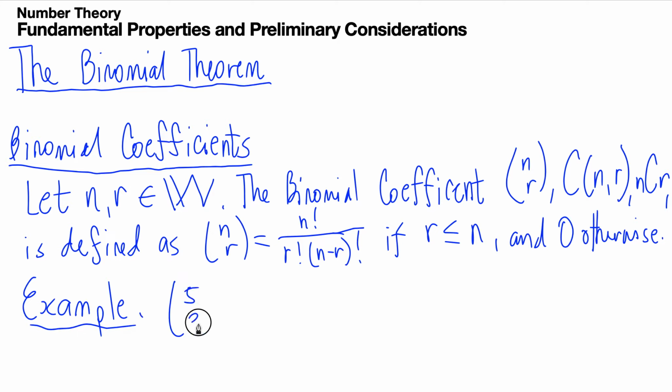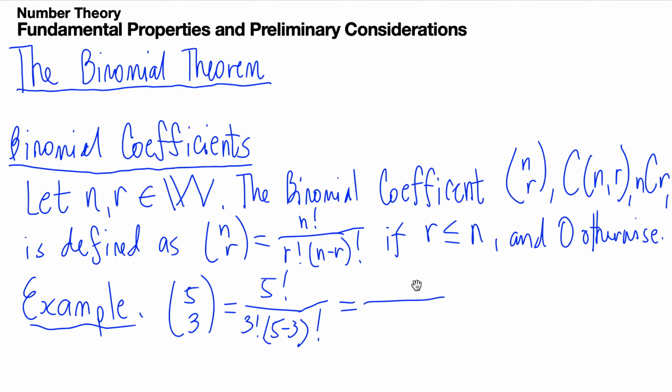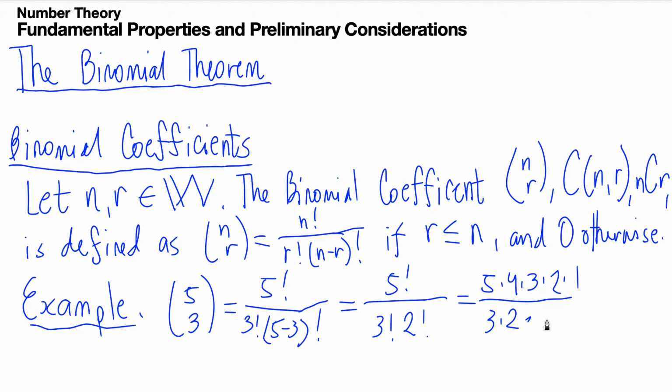To give you one example of these binomial coefficients, say we have 5 choose 3. This is equal to 5 factorial all over 3 factorial times the quantity 5 minus 3 factorial. This is clearly equal to 5 factorial over 3 factorial times 2 factorial. Expanding, we have 5 times 4 times 3 times 2 times 1, over 3 times 2 times 1 times 2 times 1.